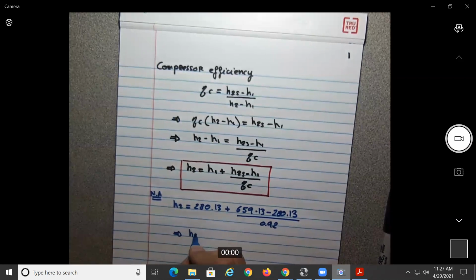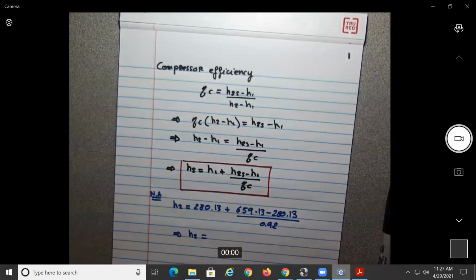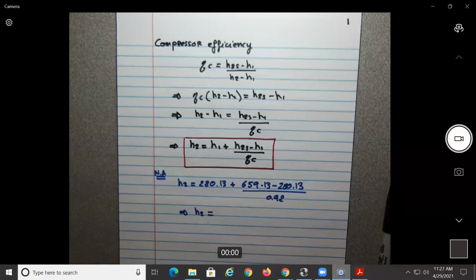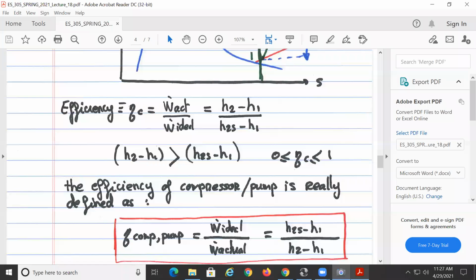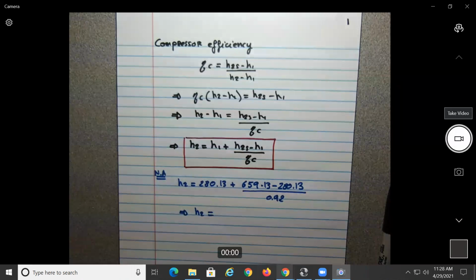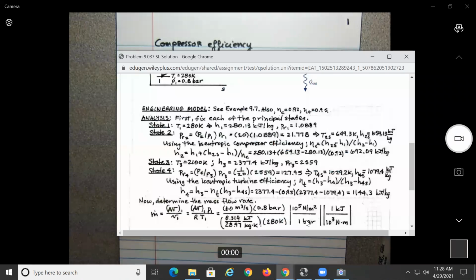So I don't think the solution has this data, but we can check. Maybe we are lucky enough. Otherwise, do that calculation for me, please. So you see, this is one from the class notes. Same expression. Is that the same value, T2S? You see, it's a different data, this one. Compression ratio is the same.